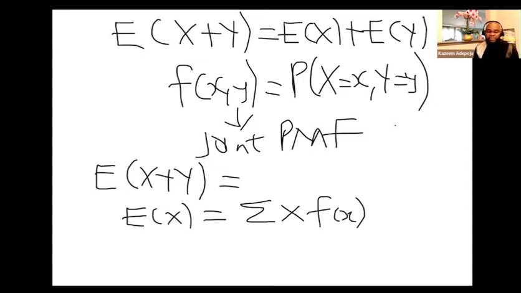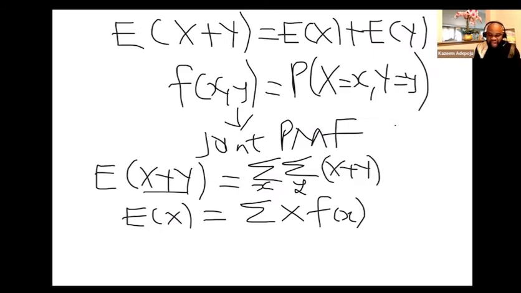If I want to talk about X plus Y, I'm going to have a summation sign for each variable, because I got two variables, one over X and one over Y. Because I have X plus Y here, I'm going to have X plus Y multiplied by a joint PMF. So I'm going to be using a joint PMF.